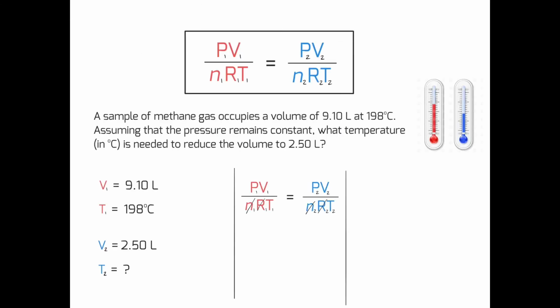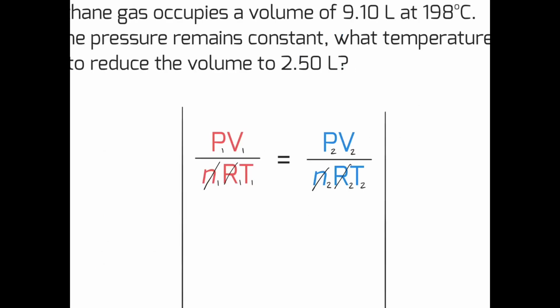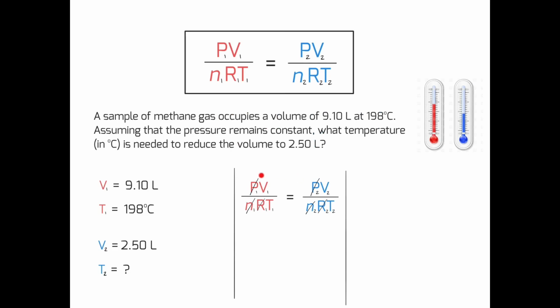And then the problem tells us that the pressure remains constant, which means that we can cancel pressure here and pressure here. And now that we've canceled everything that remains constant, we can rewrite our equation to look like this. We know our V1 is here, we know our T1, we know our V2, so we can plug these in and solve for T2 now.